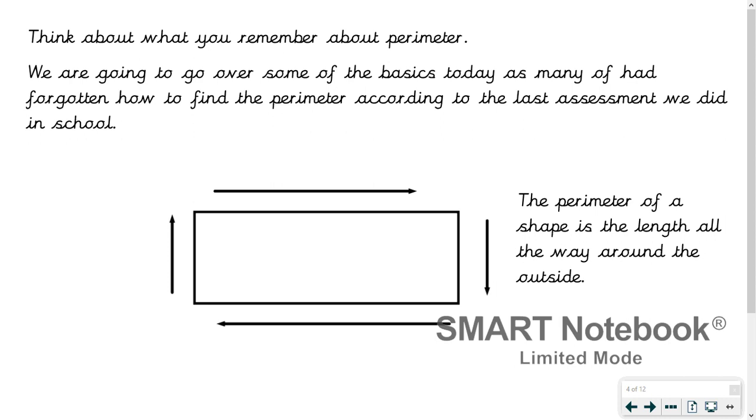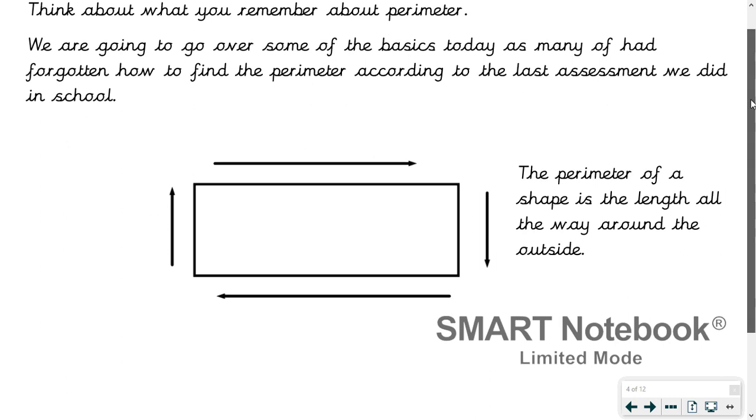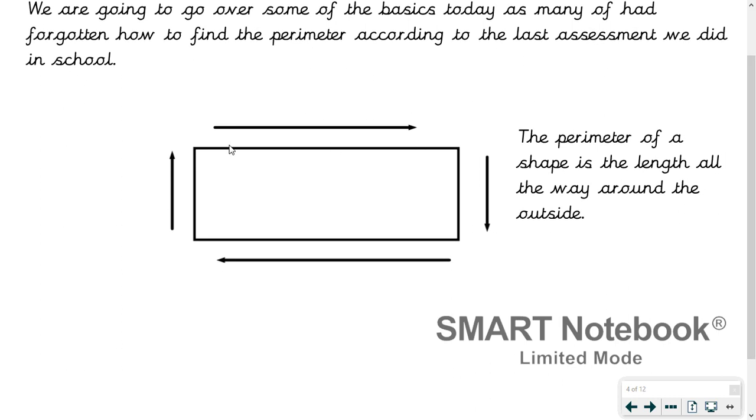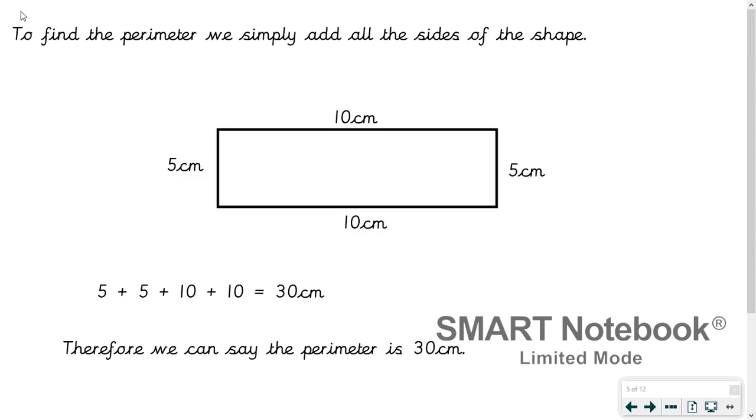So the perimeter of a shape is the length all the way around the outside. So it'll be this side on this rectangle, this side, this side, this side, and this side. All of those lengths added together would give us our perimeter. To find perimeter, we just add the sides of a shape.